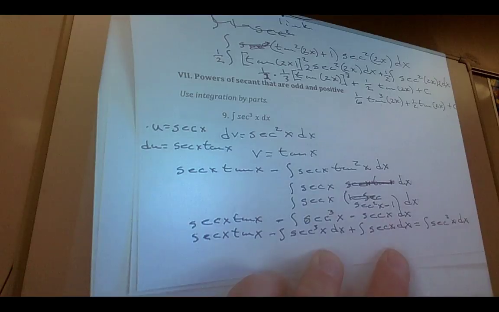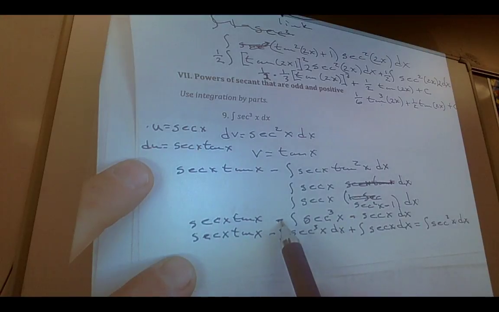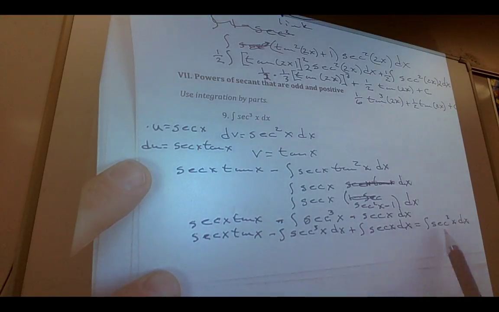Would it be minus? Well, I got a minus here, correct? And I got a minus here, so that's why I changed it to a plus. And that equals secant cubed x, so I could move that over. Is that a 2 or a 3? That's a cubed right here.